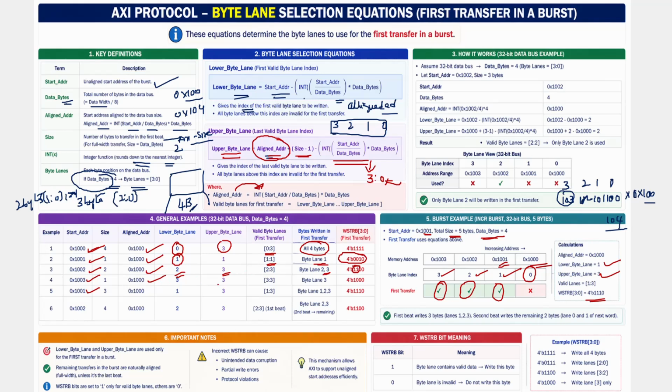And then 1003 means the upper byte lane is 3 and the lower byte lane is also 3, so only byte 3 is valid. The others are invalid conditions. This is the way we will calculate the byte lane addresses. Did you understand?